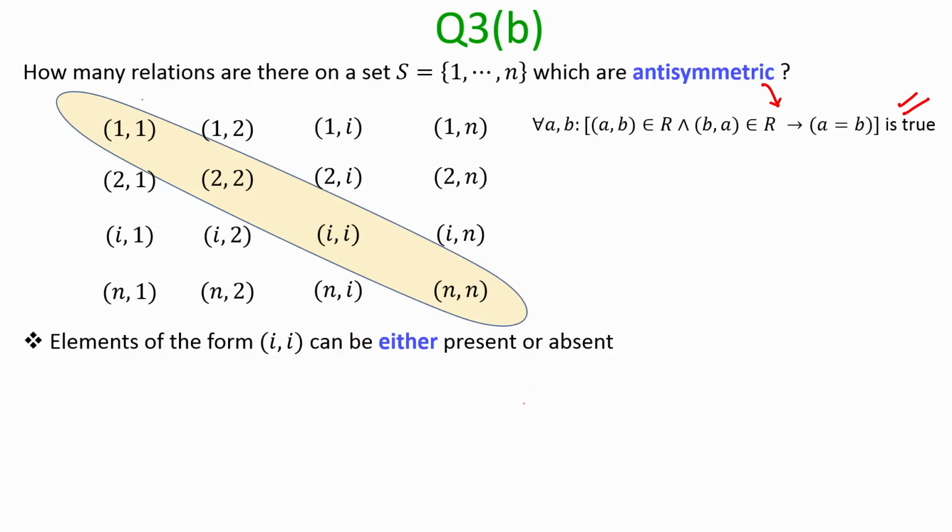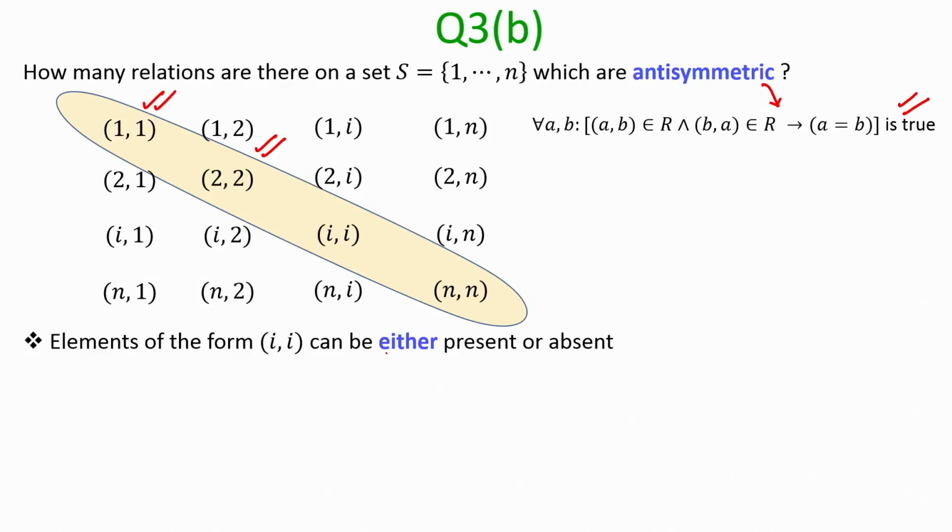That means, if for instance (1, 1) and (2, 2) are included in your relation, then that does not violate the antisymmetric property, because if (A, B) and (B, A) are simultaneously present, then that is allowed only when A is equal to B, and all the ordered pairs along the diagonal have A equal to B.